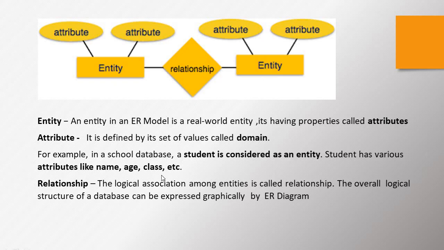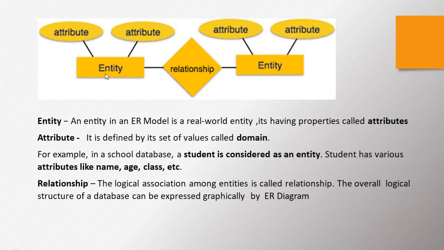Here, one example we can say is a student database. Here the student is called an entity, and the student has different attributes like student name, age, class, etc. These are called different attributes, and the relationship between these two entities is called a particular relationship. We can also say a bank database.